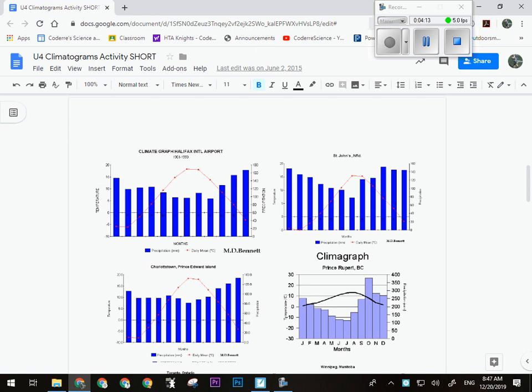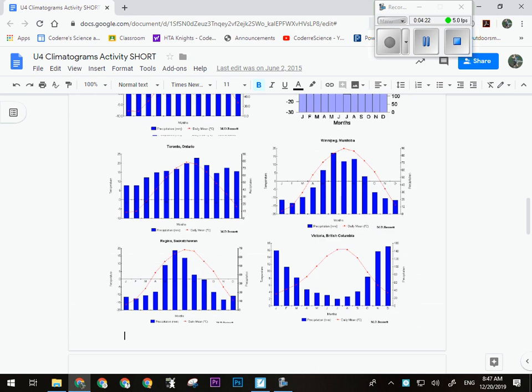Are they pretty similar? They're pretty similar. I would say they probably belong in the same group. If I'm looking at Winnipeg and Regina, their climatograms also look a lot alike, and the scales would confirm that. I would say they probably belong in a group together.